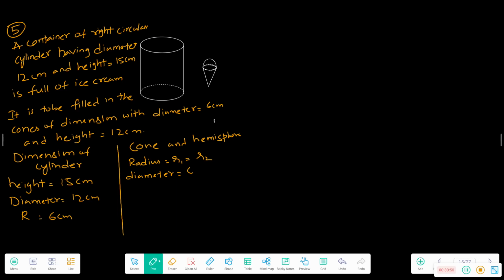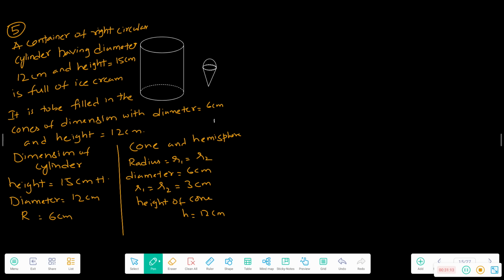Diameter is given as 6 centimeter. So R1 is equal to R2 is equal to 3 centimeter, because it is 6 by 2. The height of cone, small h, is given as 12 centimeter, and here it is capital H.